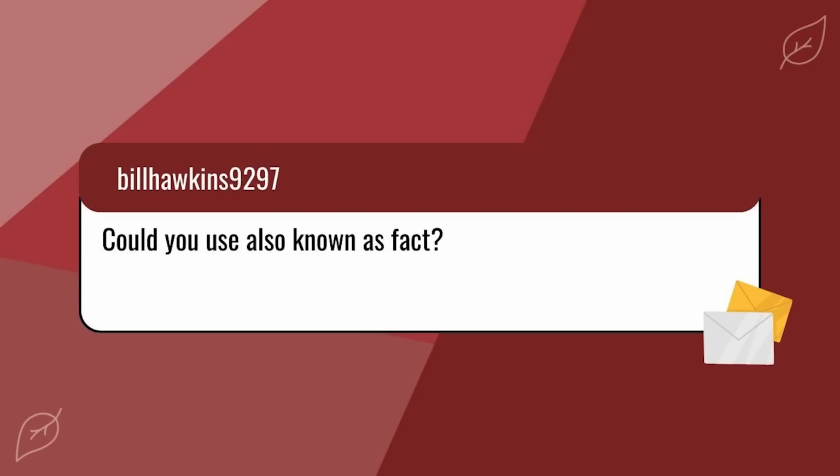Bill Hawkins proposed using the also known as fact. This could work if there is a title field that appears before the name in the also known fact option. And it would work even better if you can toggle between the preferred name in reports.